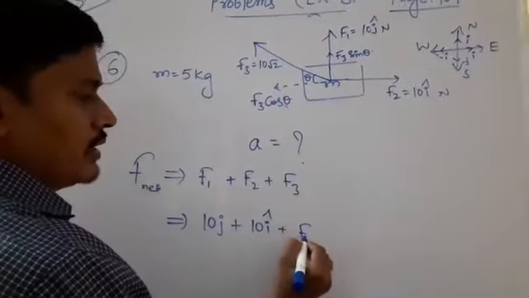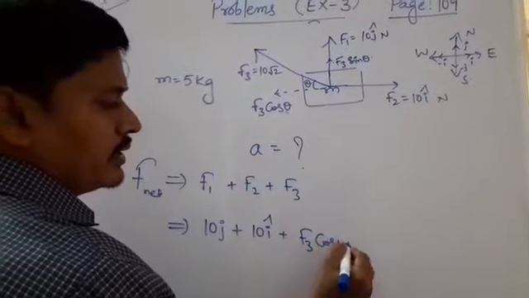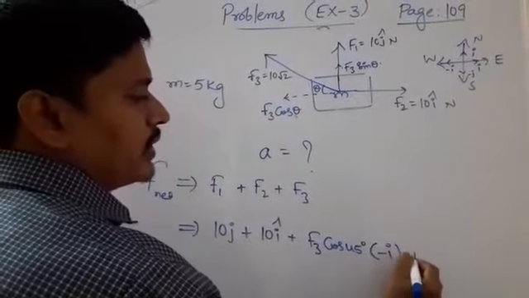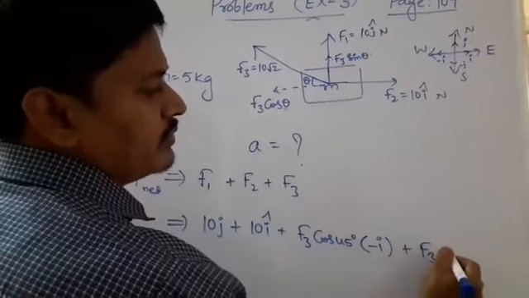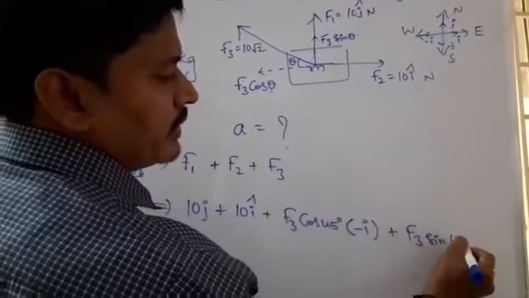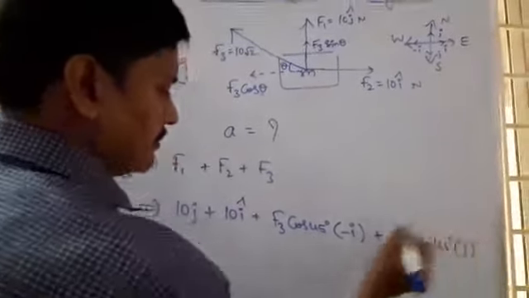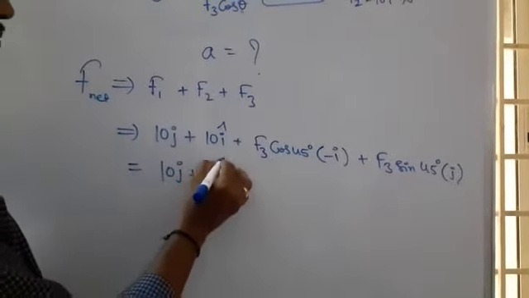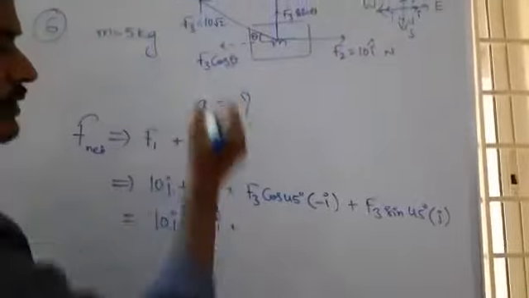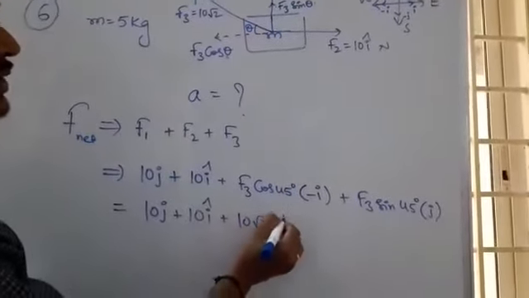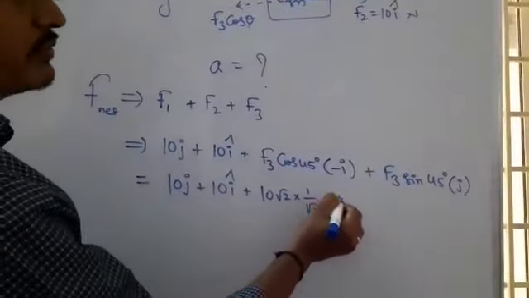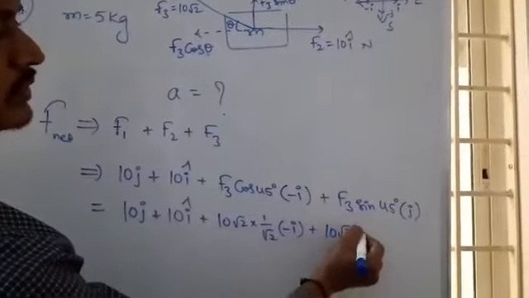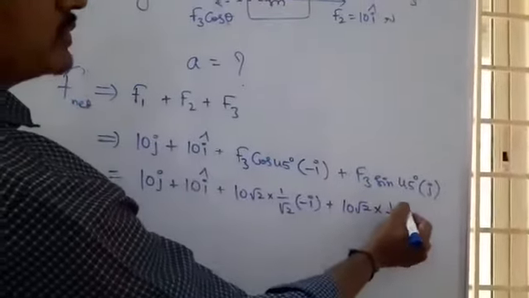Therefore this is F3 cos of 45 minus I plus F3 sin of 45 degrees, direction is J. Therefore 10J plus 10I plus F3 value 10 root 2 cos of 45, 1 by root 2, minus of I, plus 10 root 2 into 1 by root 2 into J cap.